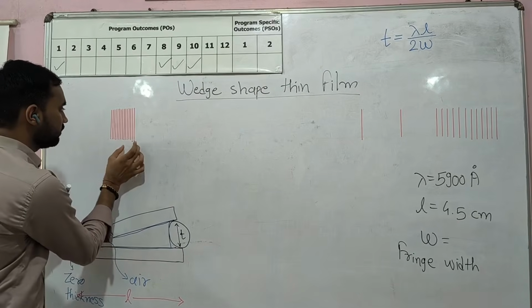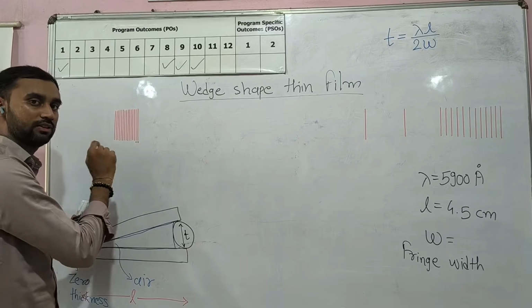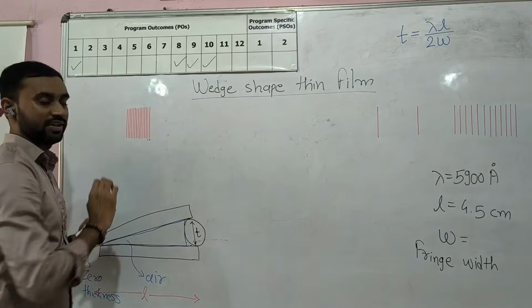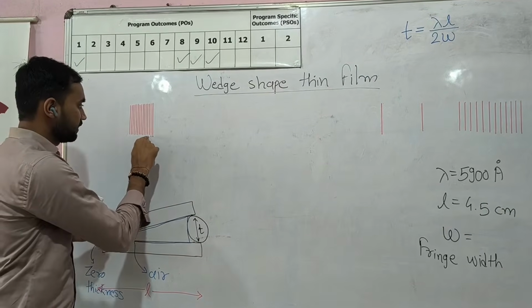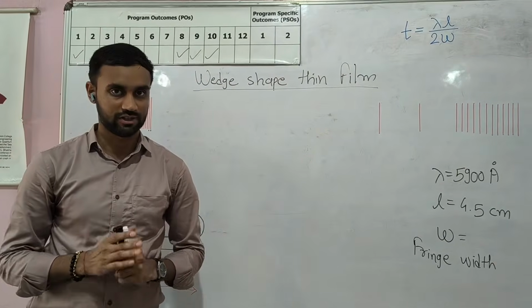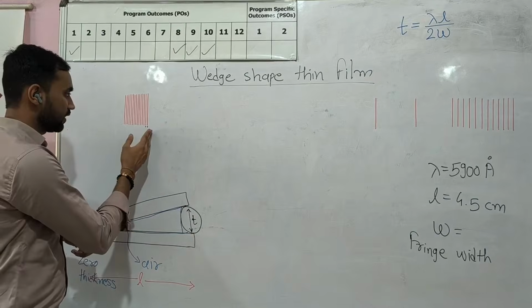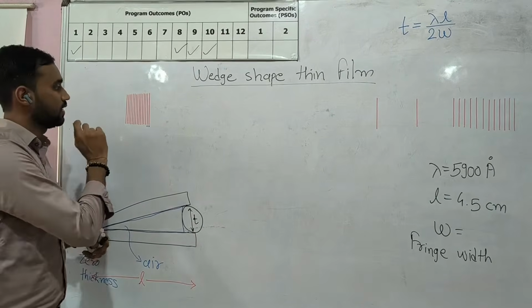Everything drawn with a red marker, I am representing as bright fringes. The spacing between them is dark fringes, which means light is not reaching there. The red lines represent the places where light is reaching. In the white spaces, light is not reaching. So we are consecutively getting bright, dark, bright, dark, bright, dark fringes.